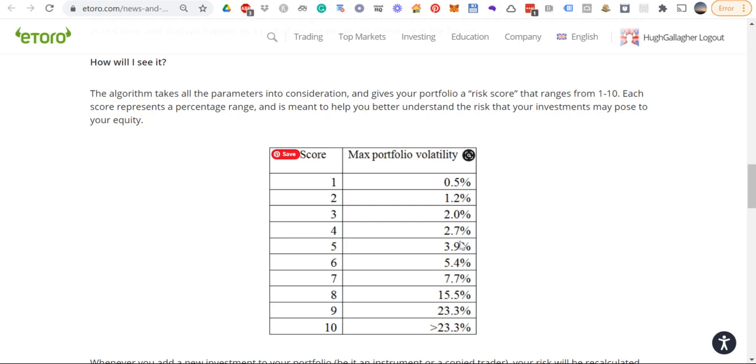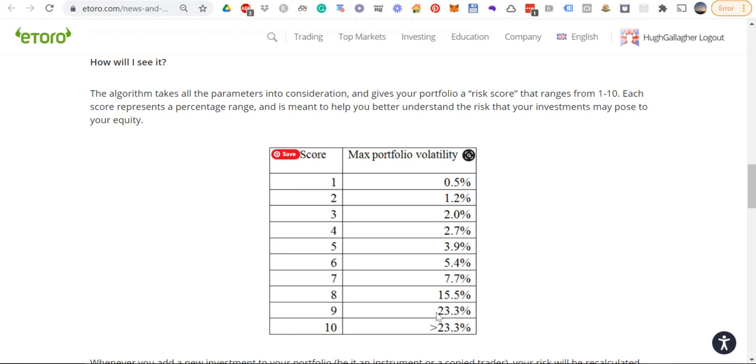So this is essentially the maximum drawdown. If you remember when we were looking at the charts, the maximum drawdown of a particular day could be up to 4% if it's a risk score 5. A risk score 6 could be about 5.5%, 7.5%. So in a day, that's quite a lot.